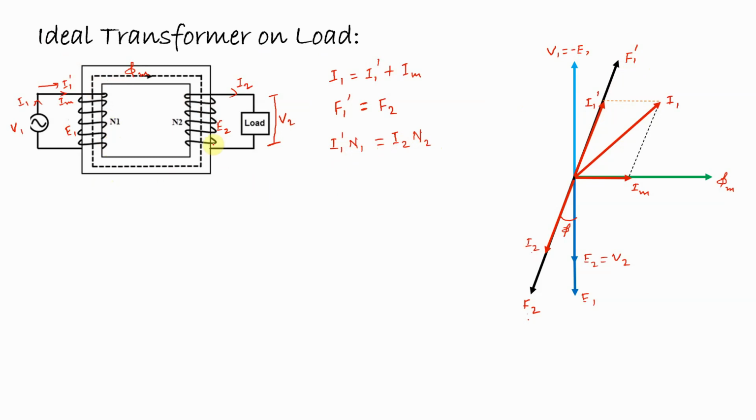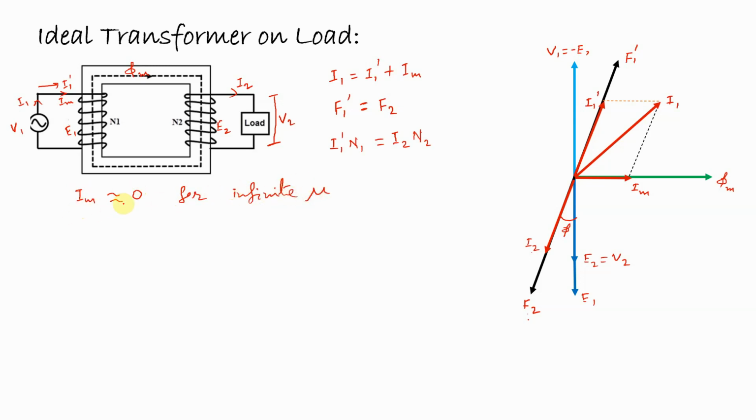Normally in an ideal transformer we consider the permeability to be very high, and as the permeability is very high, the magnetizing current is almost equal to zero for infinite permeability.